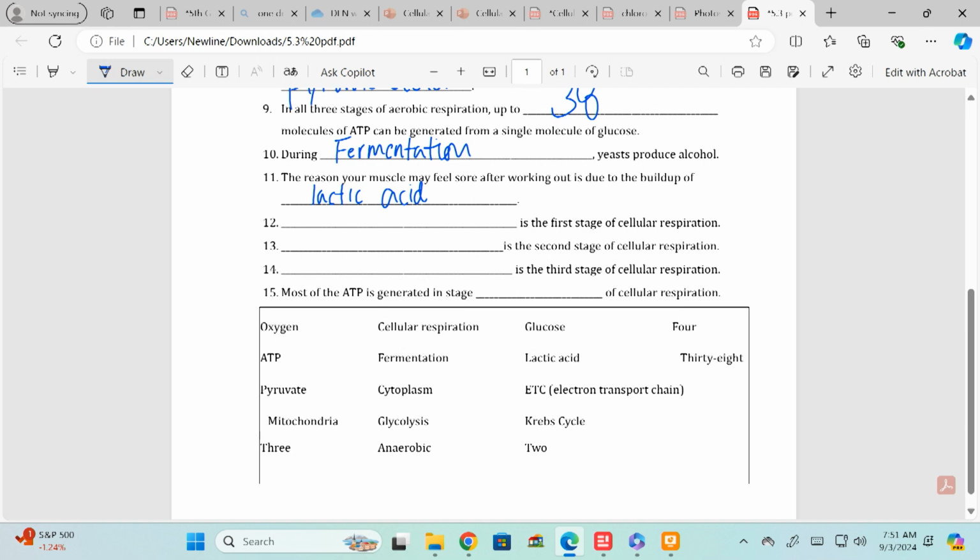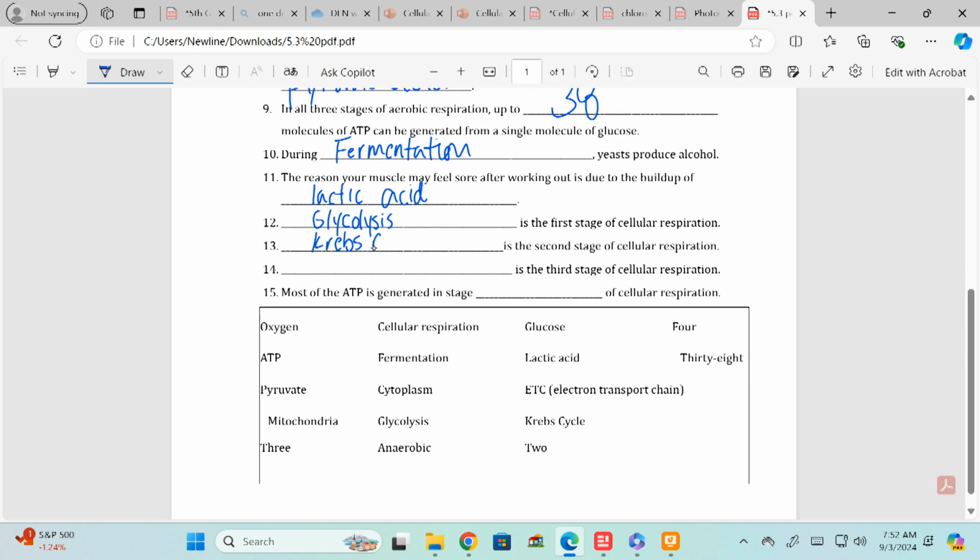Let's keep it going. So 12, what is the first stage of cellular respiration? We always start off with glycolysis. Glycolysis is always our starting point. So glycolysis for 12, let's keep it going. 13, what is the second stage of cellular respiration? That's known as the Krebs cycle.